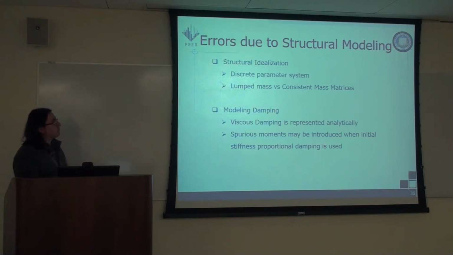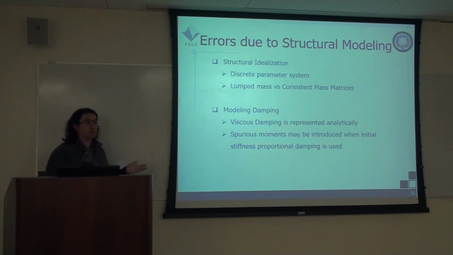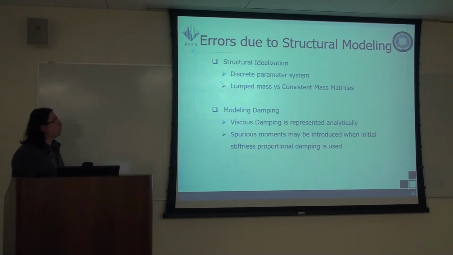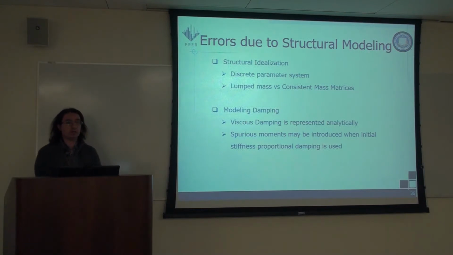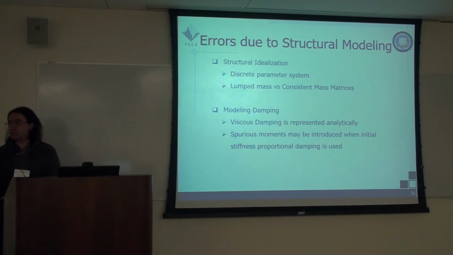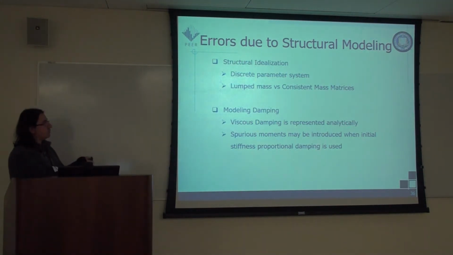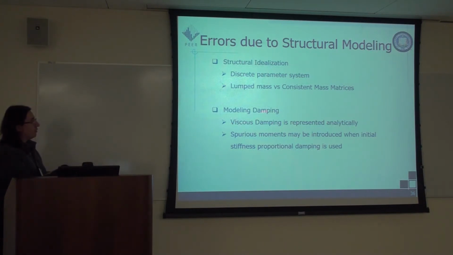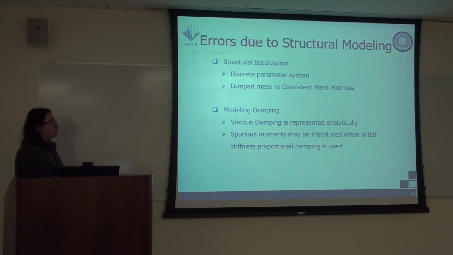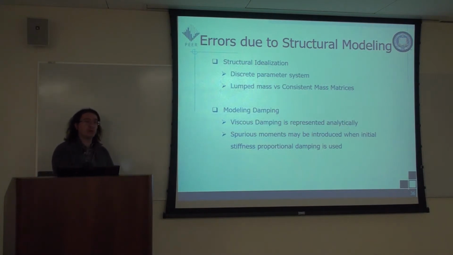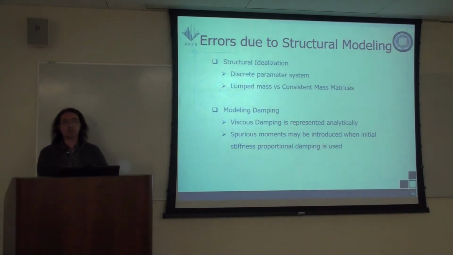So errors due to structural modeling, some examples are those due to the assumption of structural idealization in terms of discretization in time and space, and also things like using lumped masses instead of consistent mass matrices and so on. And obviously we model damping in hybrid simulation, and damping modeling is always a challenge in structural engineering.